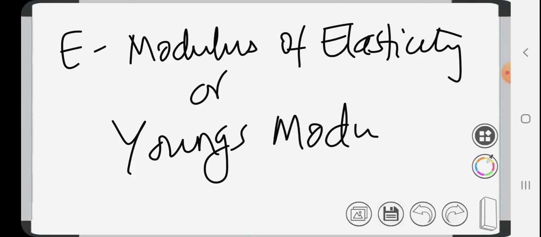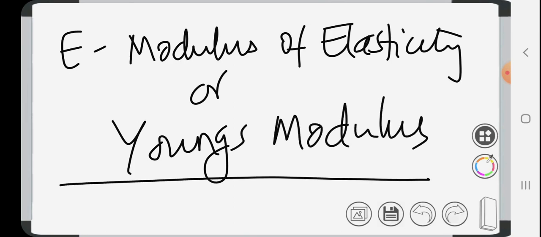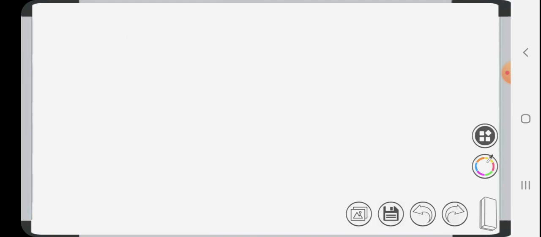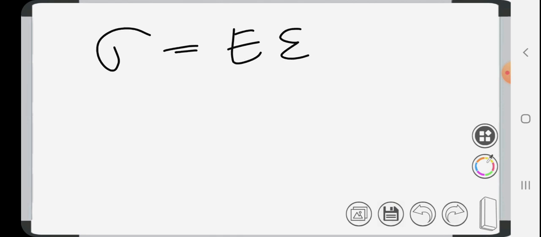Okay, students, very important. E is nothing but modulus of elasticity or Young's modulus. So sigma is nothing but E into epsilon. So what is the unit of E?